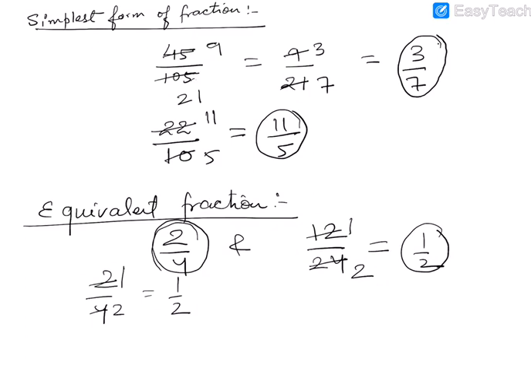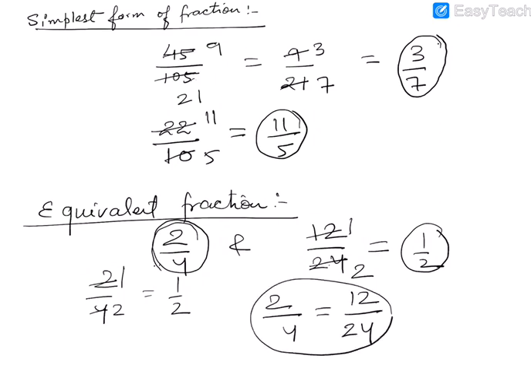So we can say that both fractions are equivalent fractions, meaning 2 by 4 is equal to 12 upon 24. Why are both equivalent? Because both have the equal value when we simplify them. So this is the concept of equivalent fractions.